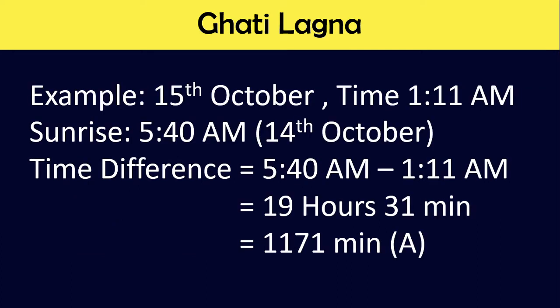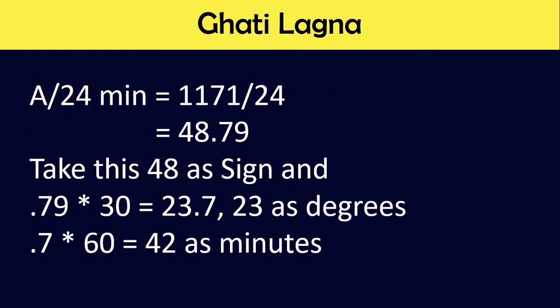We take the same example here and the result is 1171 minutes. Now divide that by 24 minutes and we get 48.79. Take this 48 as signs, and from 79 we get 23 degrees and 42 minutes.